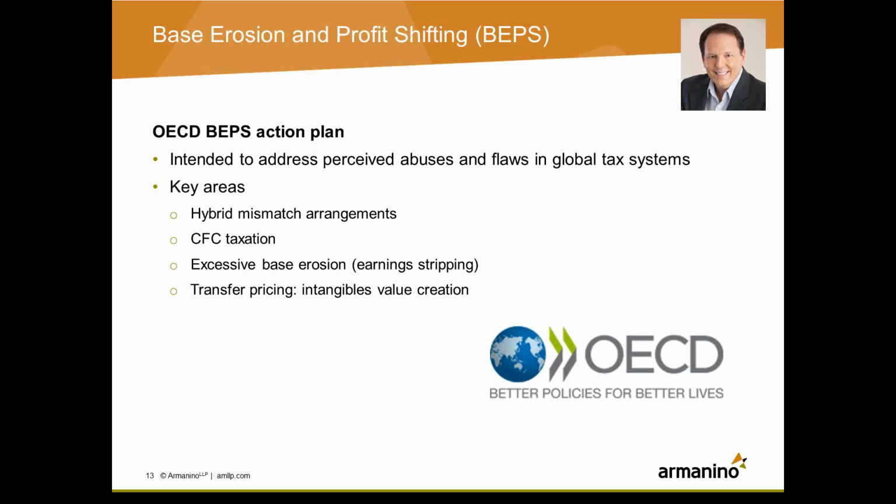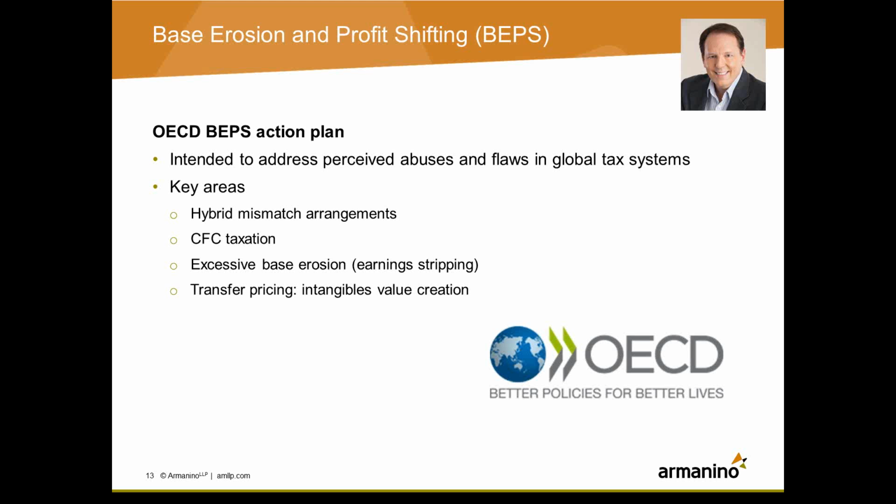And you can also have a hybrid instrument, typically a debt equity instrument, where one country views the instrument as debt and the other as equity. So why do we care? Well, the governments clearly care, and this item is so prominent in their analysis today because this hybrid mismatch affords us great opportunities for tax savings. Obviously, hence the word base erosion.